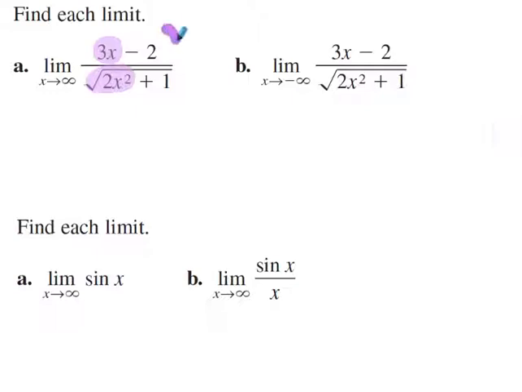Because if you take the square root of an x squared power, that's like an x to the first. So really those powers are equal. So this is one where you're just going to look at the ratio of the coefficients. So it'll be 3 over root 2.